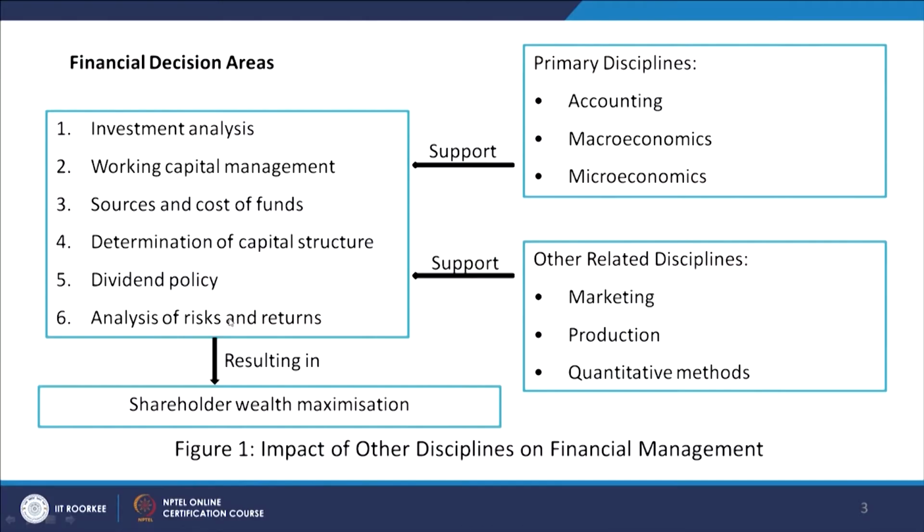We have discussed in the other decision area, that is the determination of the capital structure, and in the previous part we talked about the cost of capital. So, if you reinvest your internal funds, the profit we have earned, if a larger part of the profit is reinvested back into the business, it means there are so many facilitating points here: funds are internally available, and we do not have to go out in search of funds.